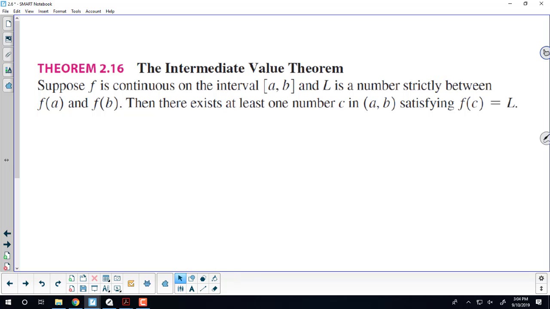It says suppose f is continuous on some closed interval [a, b]. All of this is based on the fact that the function is continuous, so that's our assumption.